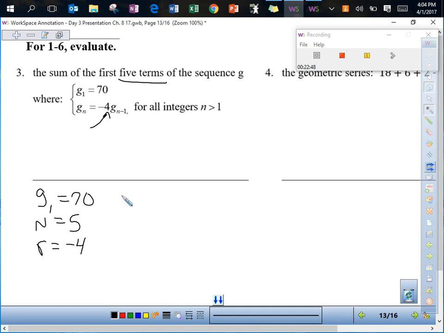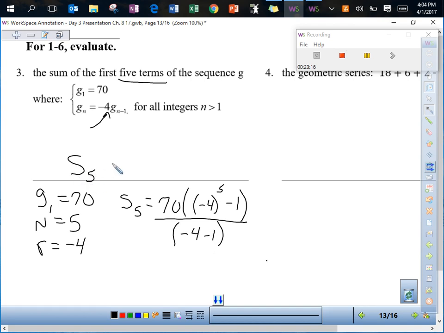The setup, the sum of these 5 terms can be found by 70, parenthesis, your R value, parenthesis, negative 4 to the 5th, minus 1, close your parentheses off, over negative 4 minus 1 in parentheses. If you use your calculator correctly, you should get 14,350. Okay?